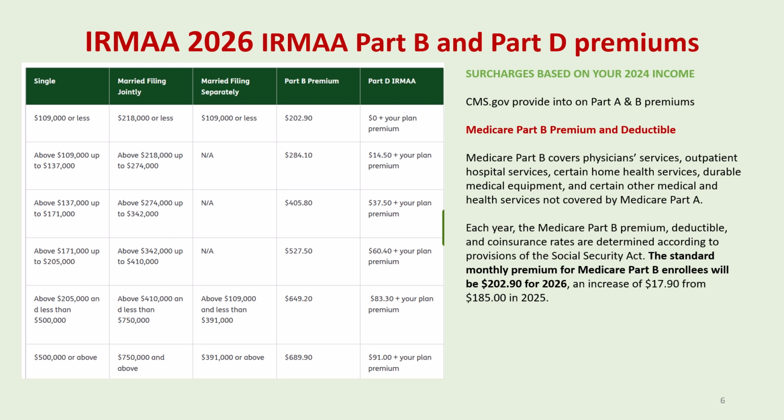Now it's $202 and some change. So you can see these cliffs have changed and have adjusted. And you can see depending on your income, your surcharges can be significant. And remember, these are monthly surcharges. And as we mentioned earlier, we're now paying $202.90, where in 2025 it was $185.